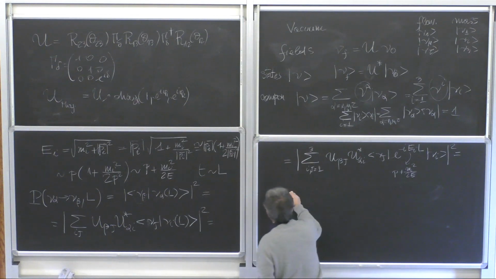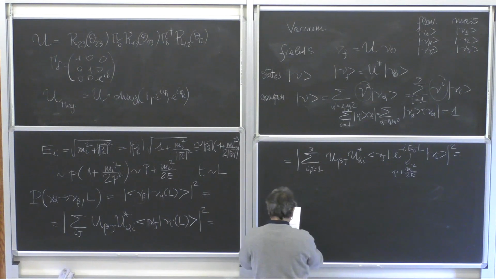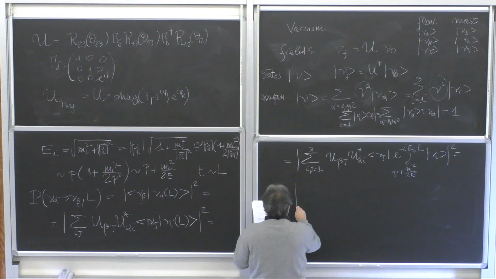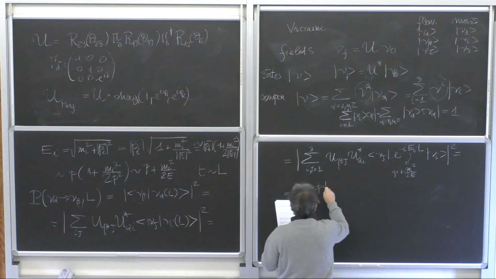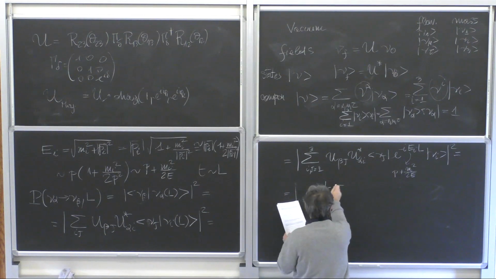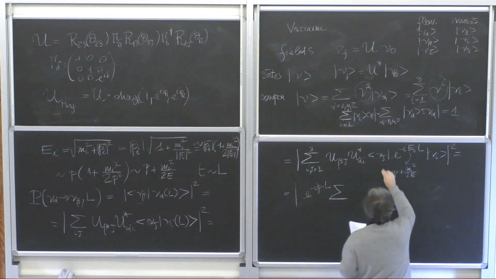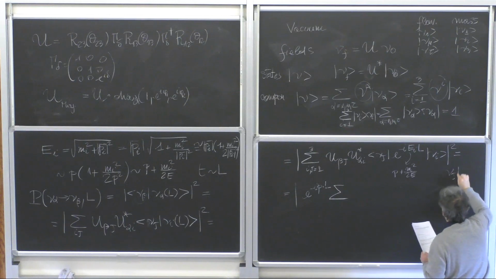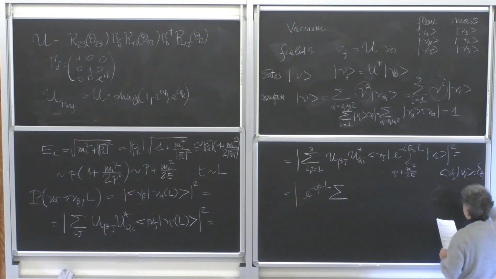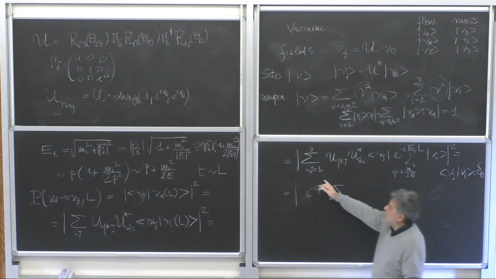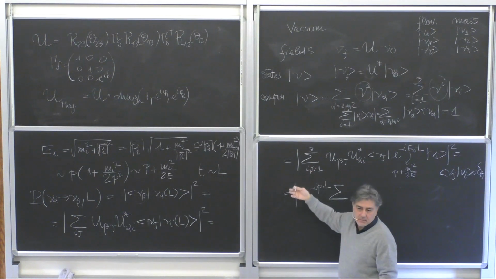And so we get, let's write, e to the minus i P L. This nu j nu i is simply a delta ij, and so one of the sums can be simplified.